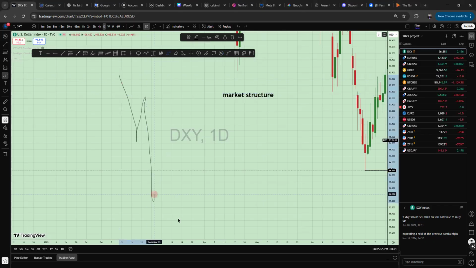If we say that this is market structure, which is the topic we're talking about today, if you can keep this as basic as possible, you are still going to make a lot of money. When it comes to support and resistance and all that stuff, all of them work. But when you try to complicate it that much, you are trying to eliminate the probability of the market, which cannot be eliminated.